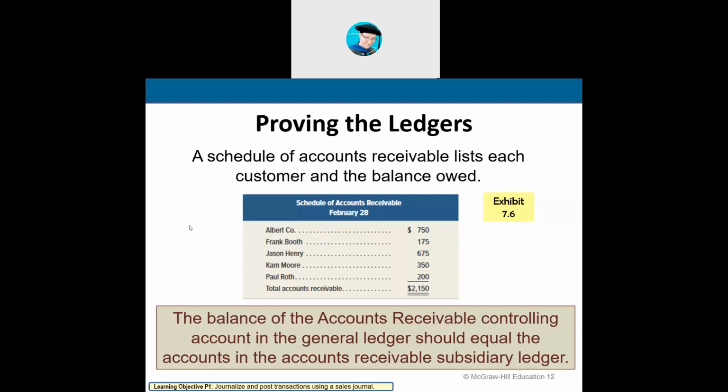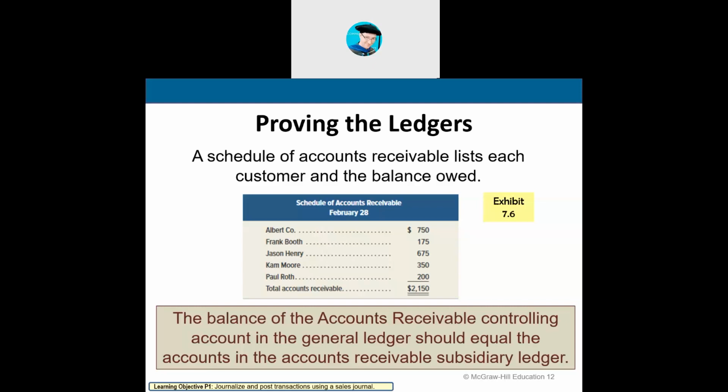Okay, so proving the ledgers. Proving the ledgers, that's kind of a funny term. All it means is we are verifying that our customers owe us what they owe us.